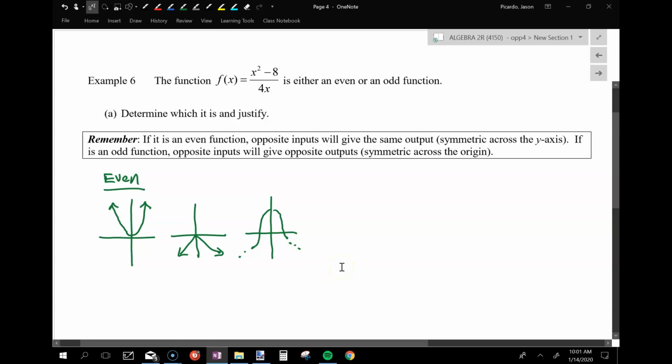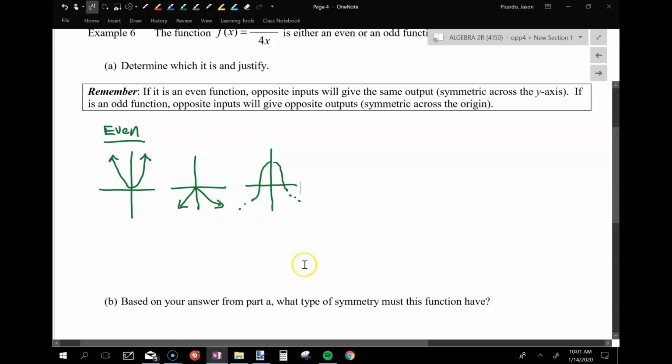What do you notice about all three of those? They have symmetry. Symmetry to what? Symmetry to the y-axis, right? Okay. Here's also what you need to remember. If there's a point xy on an even curve, there is also going to be a point negative x, positive y.